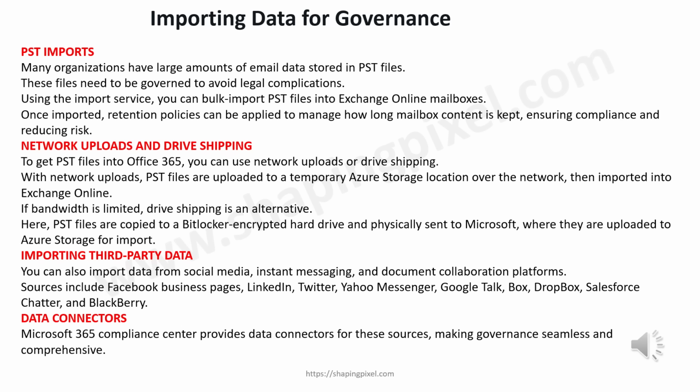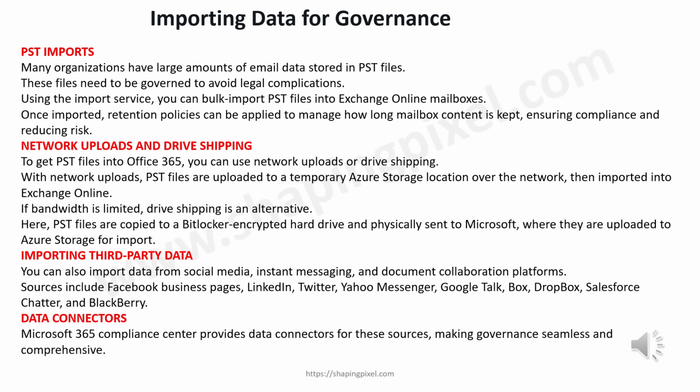These files need to be governed to avoid legal complications. Using the import service, you can bulk import PST files into Exchange Online mailboxes. Once imported, retention policies can be applied to manage how long mailbox content is kept, ensuring compliance and reducing risk.